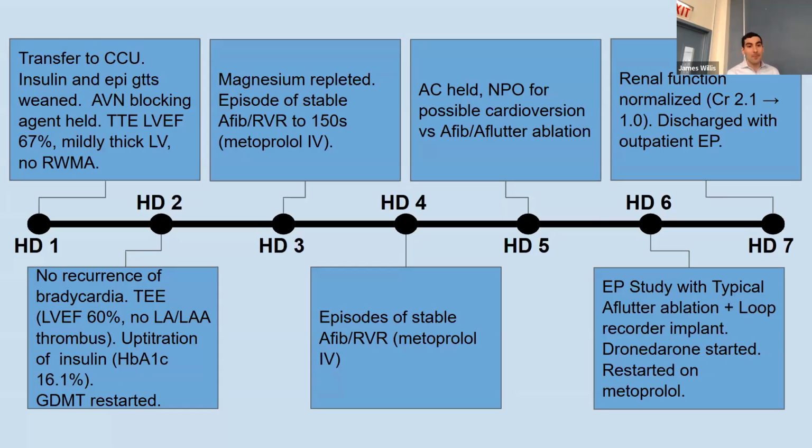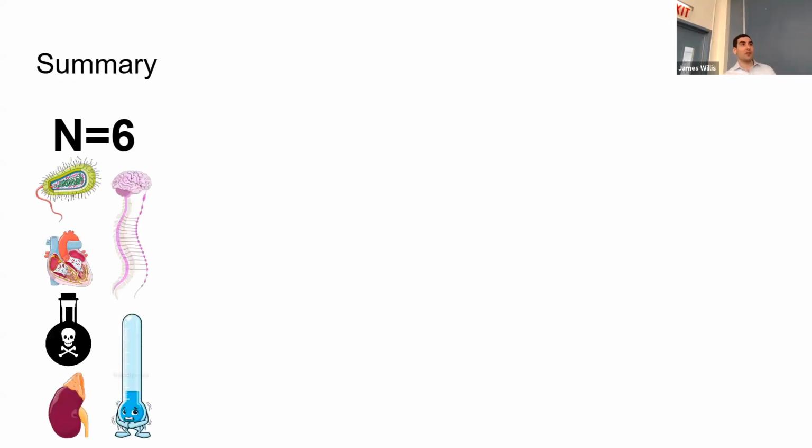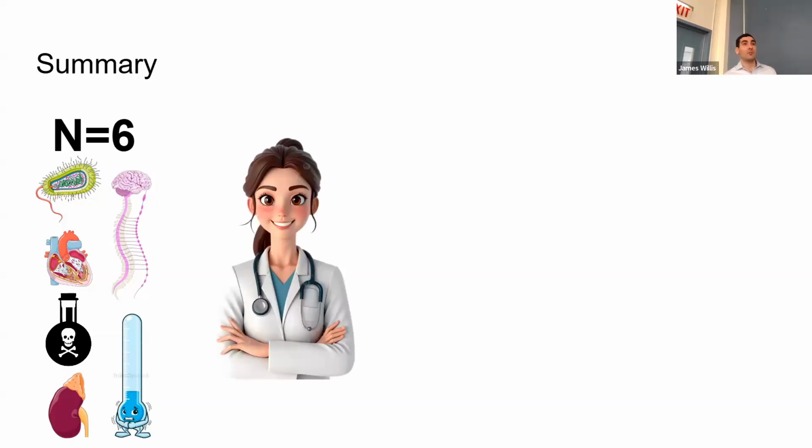In summary, remember your 6 classifications for thinking of your bradycardic hypotensive patient: infectious, neurogenic, cardiac or structural, toxicologic, environmental, and endocrinologic. Remember that BRASH syndrome is a clinical diagnosis.